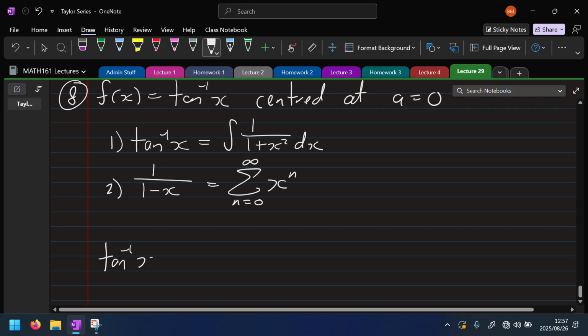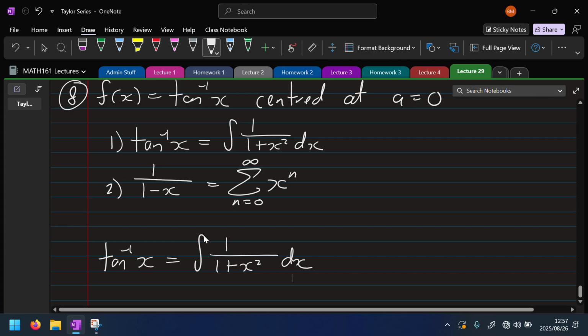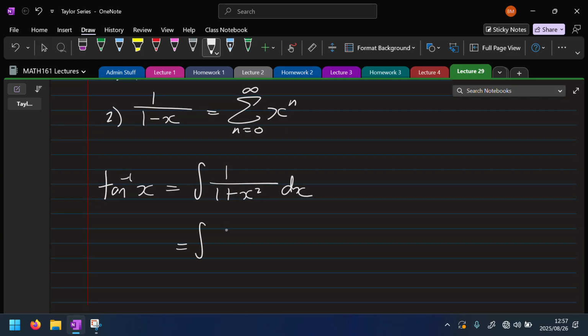So we're going to have tan inverse is equal to the integral of 1 over 1 plus x squared. Okay. Now that function, we want to make it look more like that number 2. So we can write it as minus x squared. So this will be 1 over 1 minus x squared. Okay.